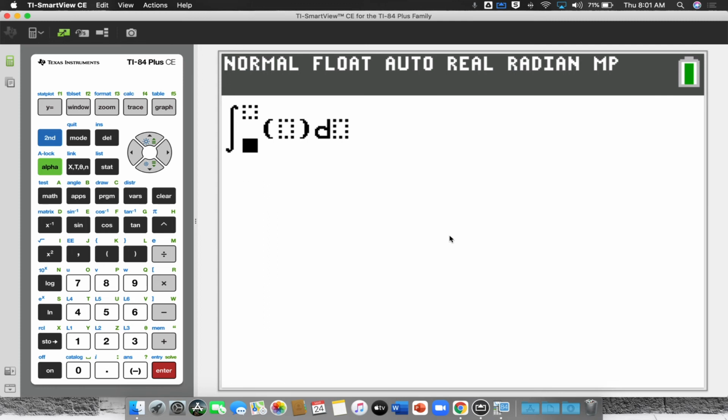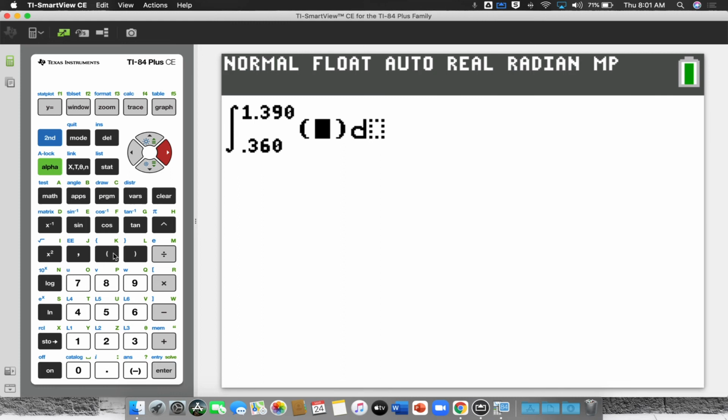Okay. So our lower bound was 0.360. Our upper bound was 1.390. Okay. Our top curve was negative x squared plus 8x. You always want to use negatives if you want negatives, minus if you want minus.